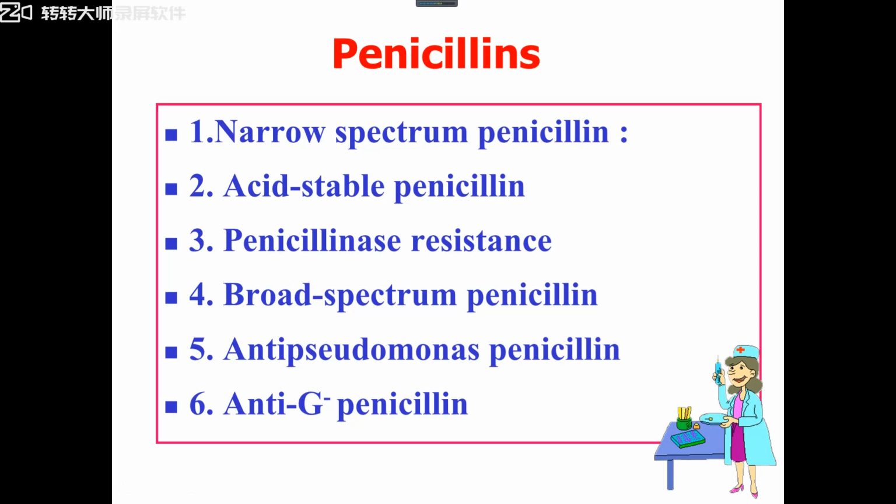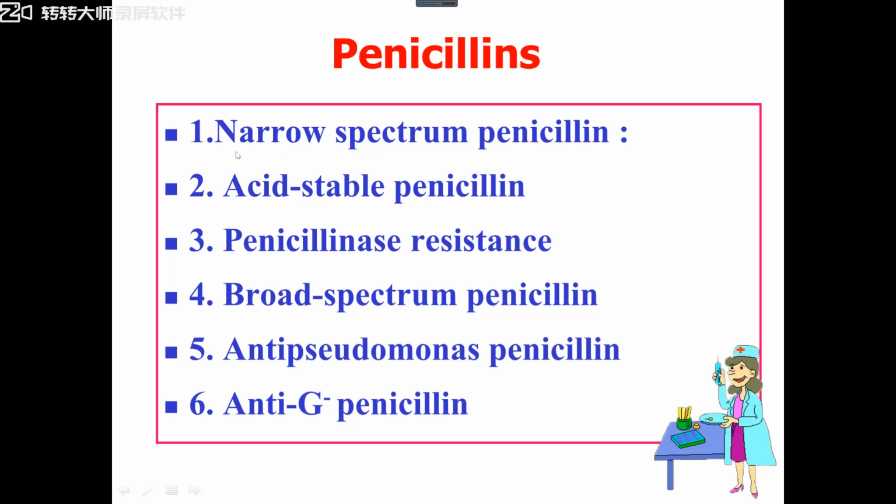But these drugs can kill most gram-positive bacteria but couldn't kill gram-negative bacteria. So we add new groups to penicillin and have anti-pseudomonas penicillins and anti-gram-negative bacterial penicillins. Can you understand the classification of penicillins?